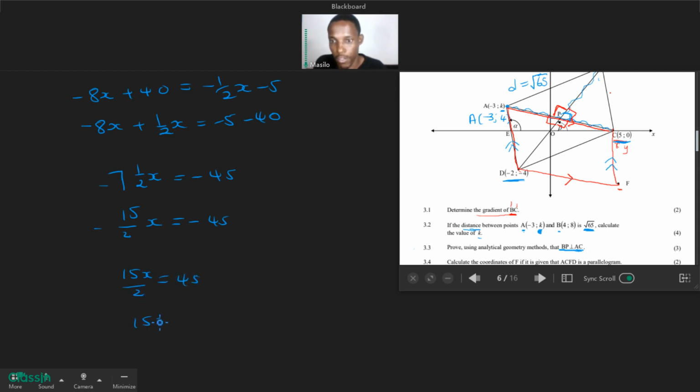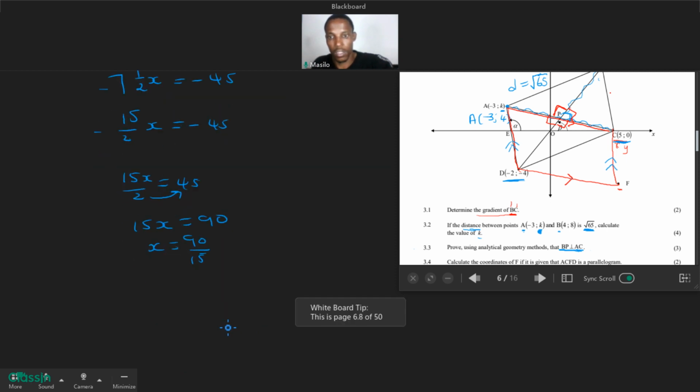But this is the same as 15x equals 90. Therefore, x equals 90 divided by 15. So the value of x, if we simplify it further, will be 90 divided by 15. Let me check through my calculator.